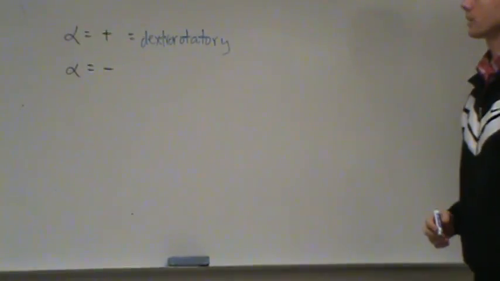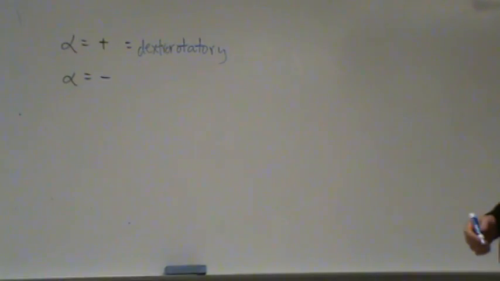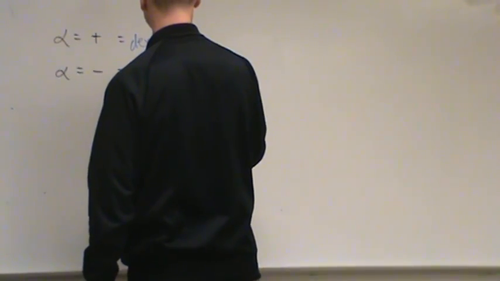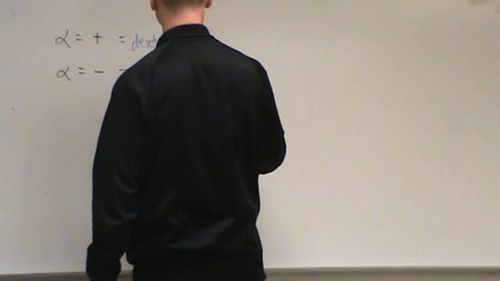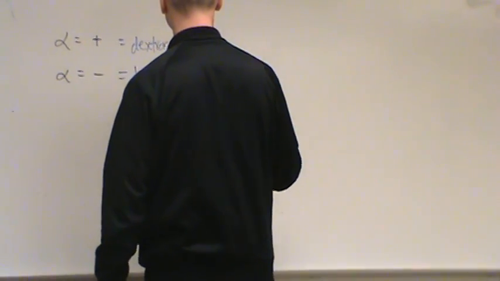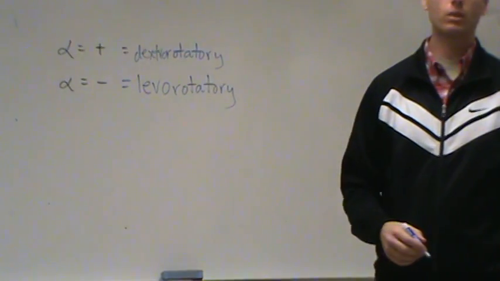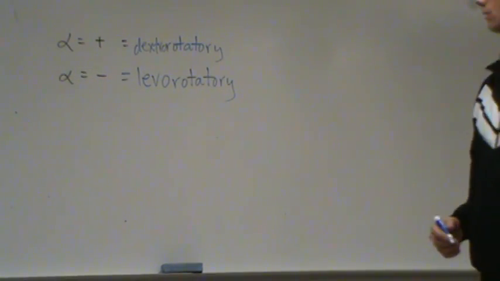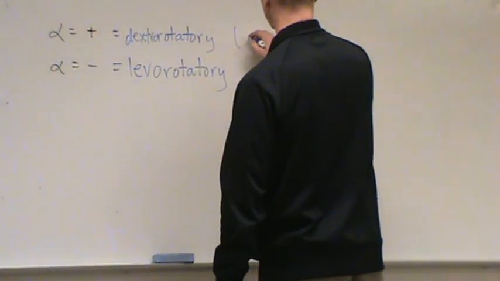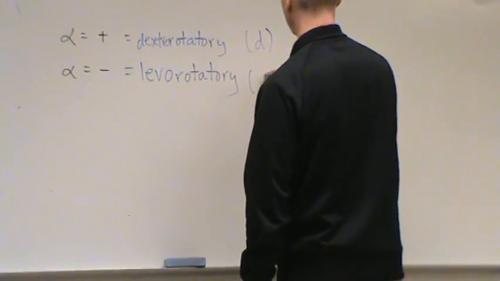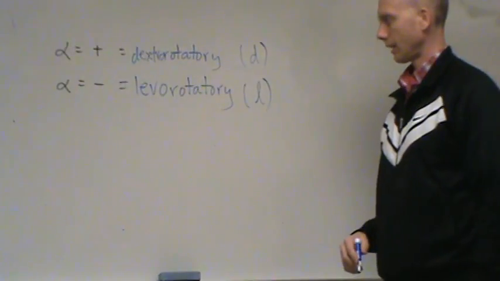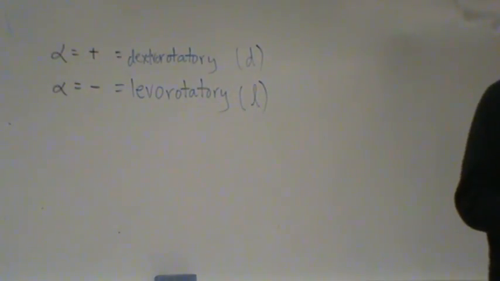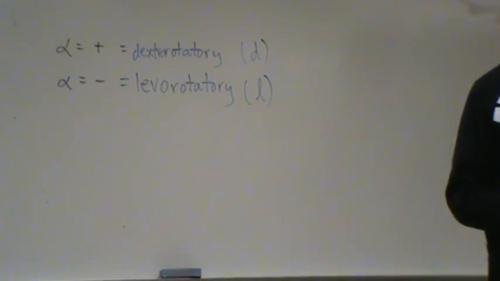So dextro-rotatory is positive, levo-rotatory is negative. Dextrorotatory will sometimes be symbolized by D, and levo will be symbolized by L.